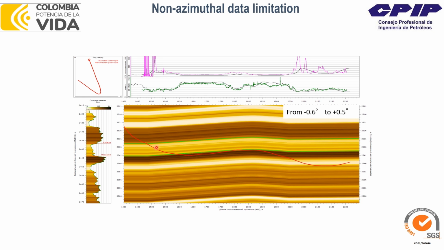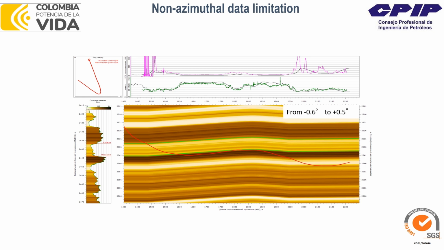The angle was between minus 0.6 and plus 0.5, so it was almost flat. But once they missed the landing, they confused the position of the borehole and were actually chasing a formation which was already above them, right?